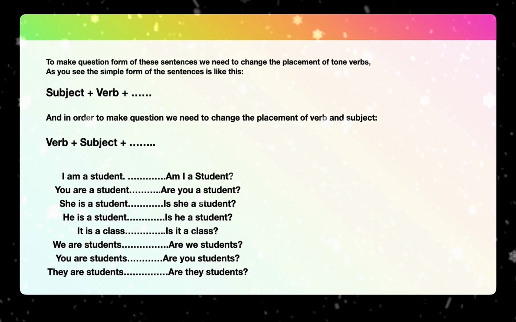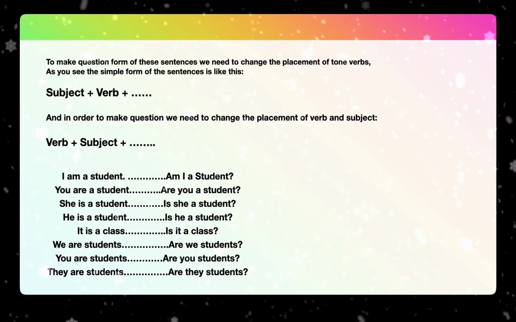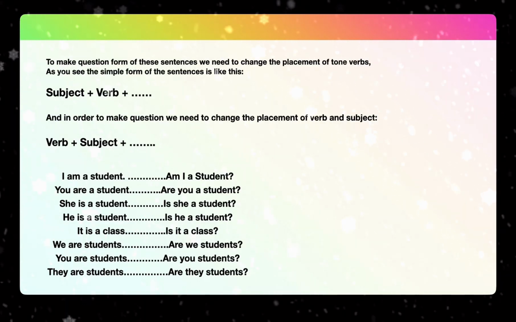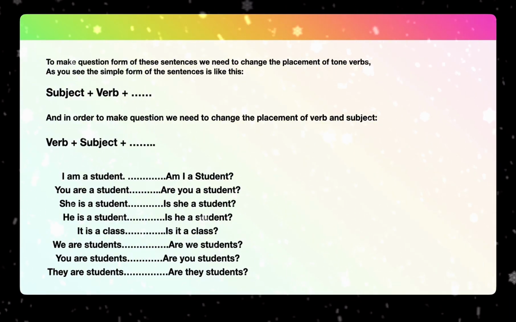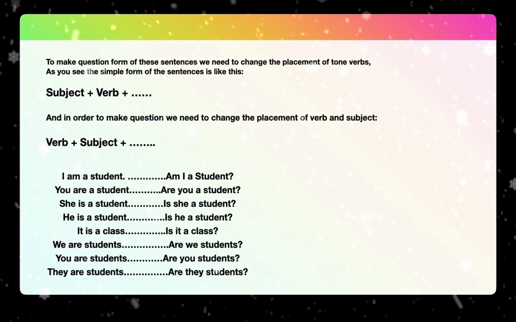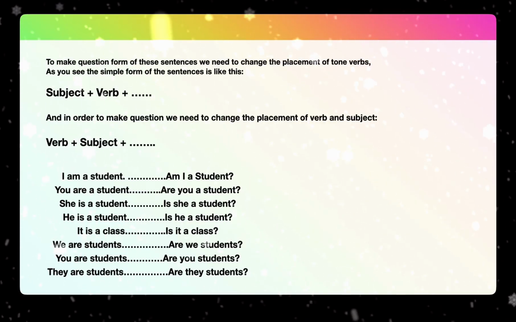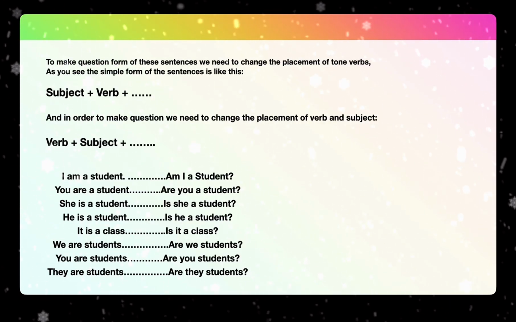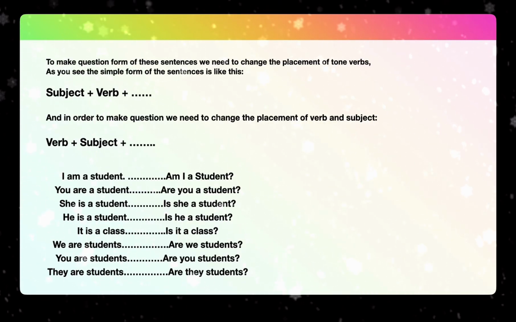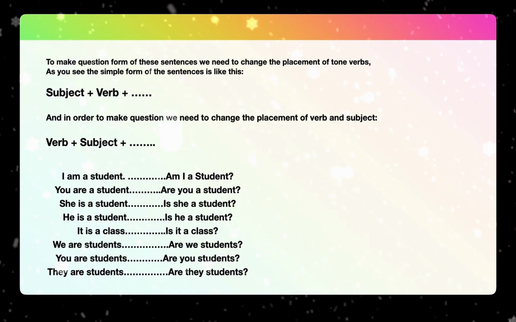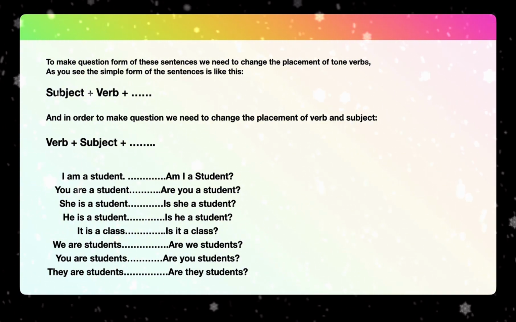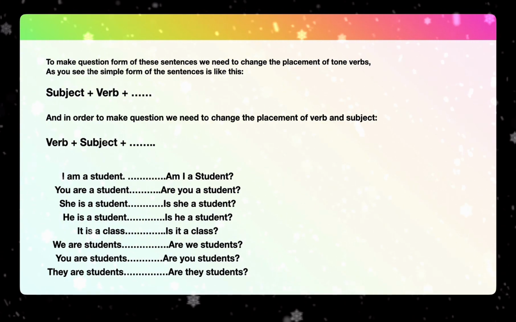The first structure that you see is subject plus verb plus the rest of the sentence. This structure is for affirmative forms. But when you're going to make a question, you need to change the place. Verb comes first, and then the subject, and then the rest of the sentence.